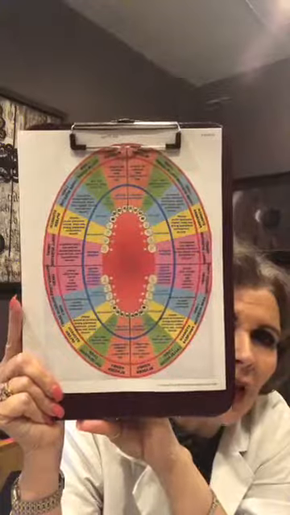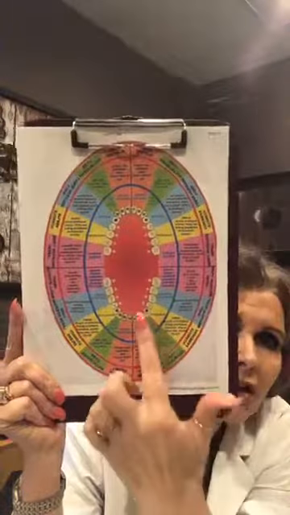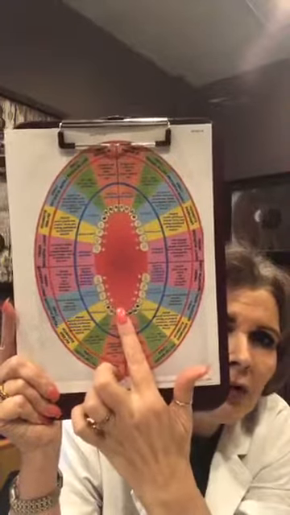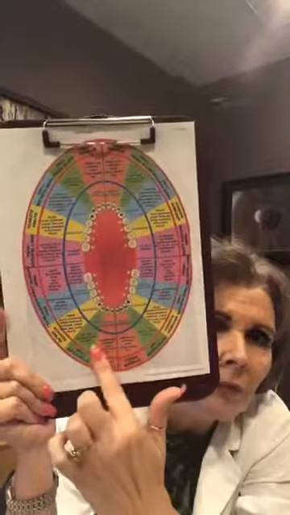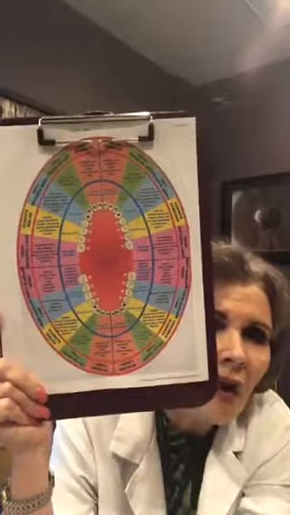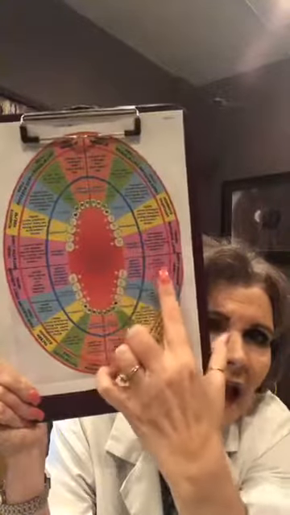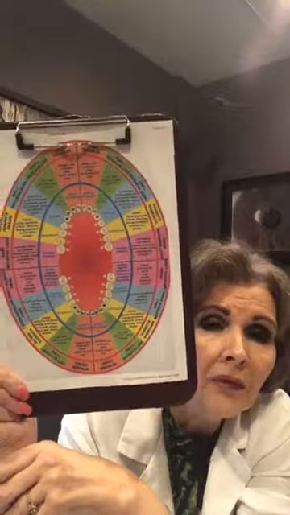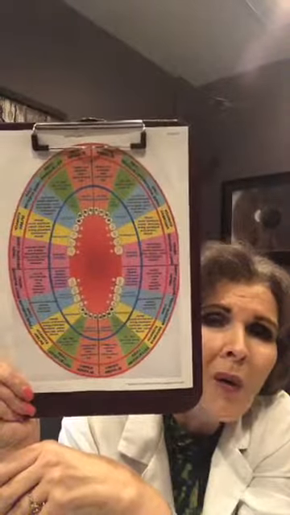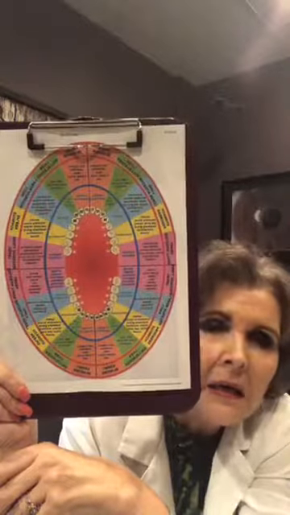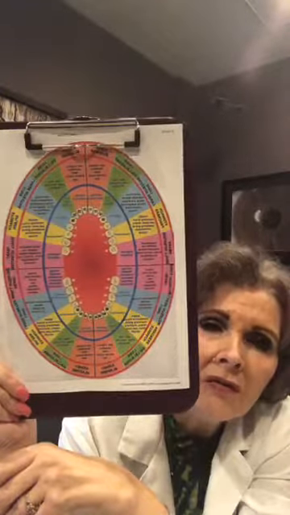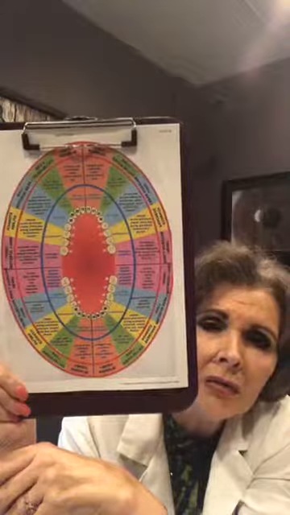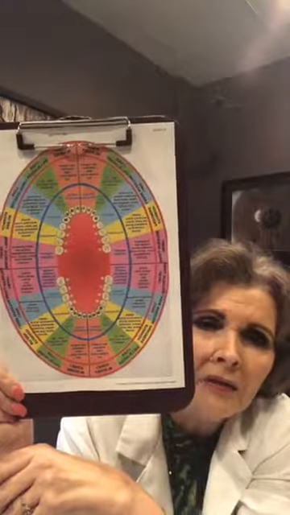Now, this is a very, very old chart, and what it shows is the teeth. This is the lower jaw, this is the upper jaw, and these are all the different meridians that the teeth are attached to. So each tooth is attached to a meridian, and it really helps to know what tooth is affected, because the nerve and all of the nutrients go through the bloodstream in that periodontal ligament.